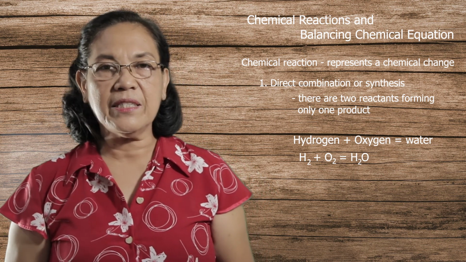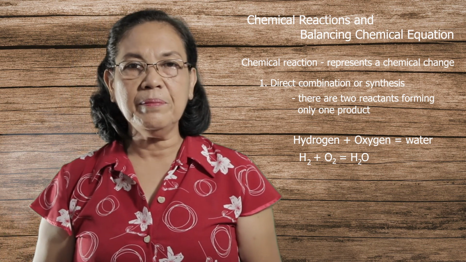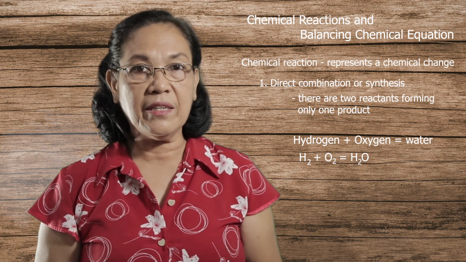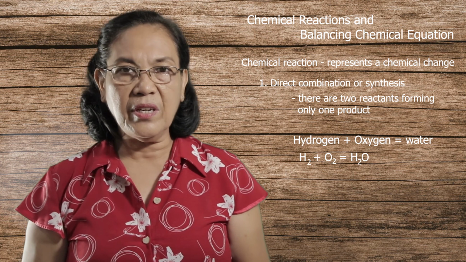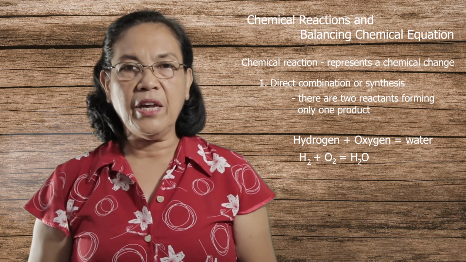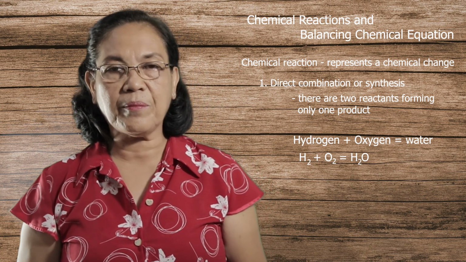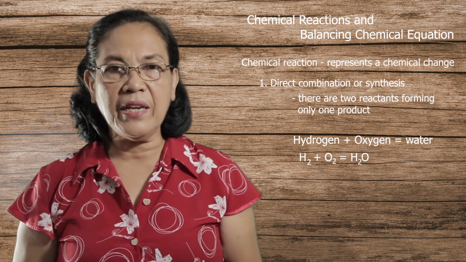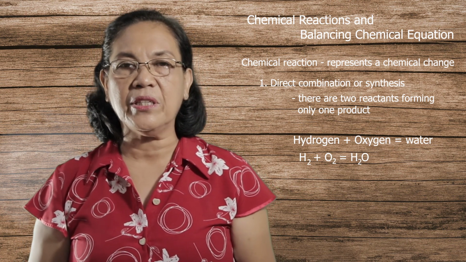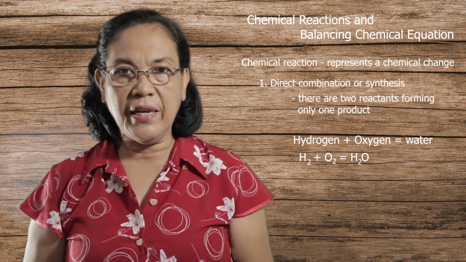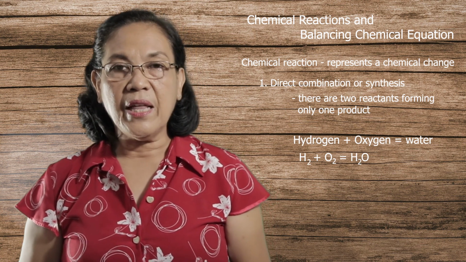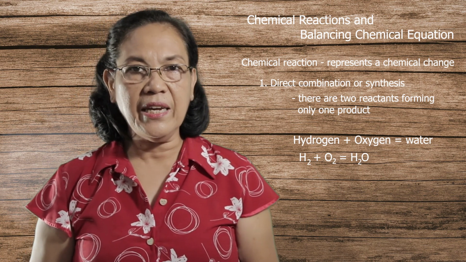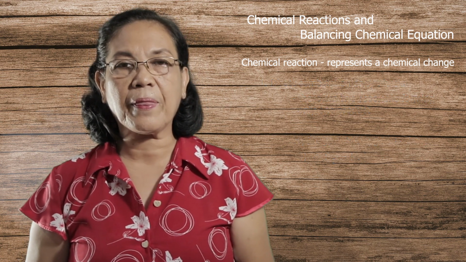Another one is magnesium plus oxygen equals magnesium oxide, or Mg plus O2 equals MgO. Now try to recall that all gases, when they undergo a chemical reaction, will use their diatomic form. That's why the oxygen and the hydrogen take the H2 and O2 forms.